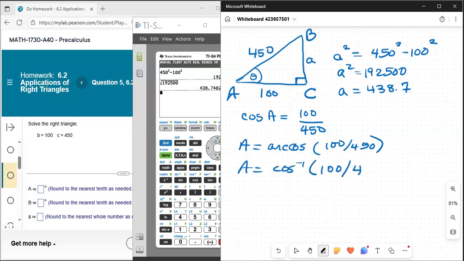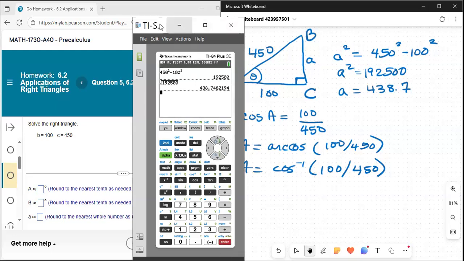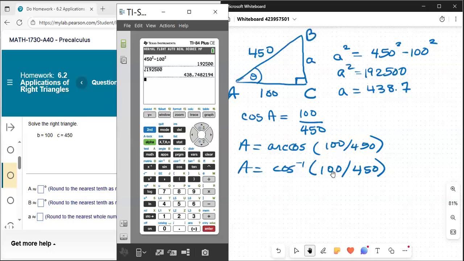Another way to write that is that A is equal to the inverse cosine of 100 over 450. Just don't use that -1 as 1 over cosine because that's not what that means. It just means it's the inverse function or the arc cosine, which returns a value of 100 over 450 to an angle. So we want to know what is the angle.